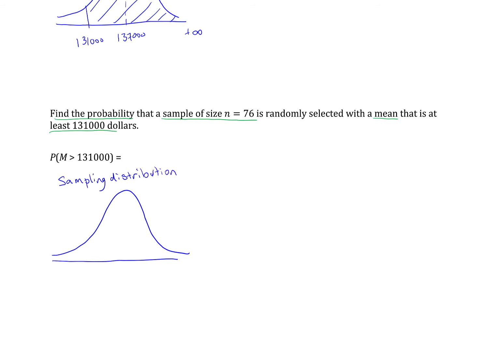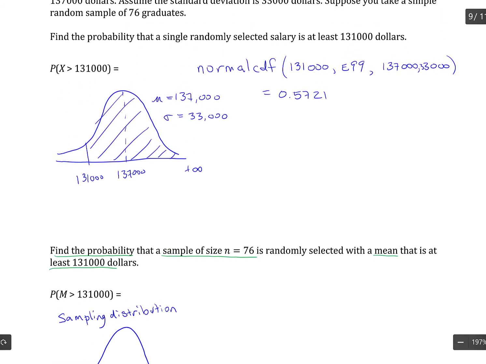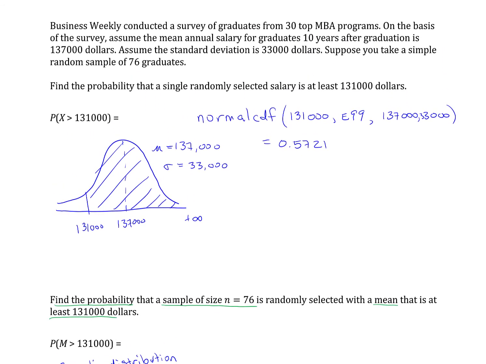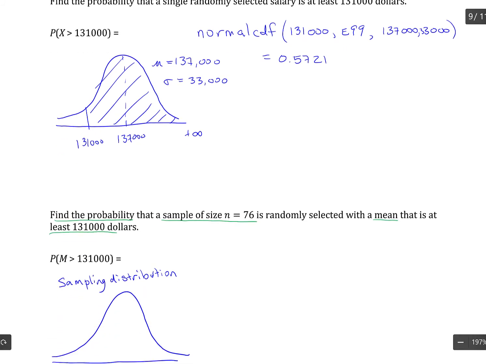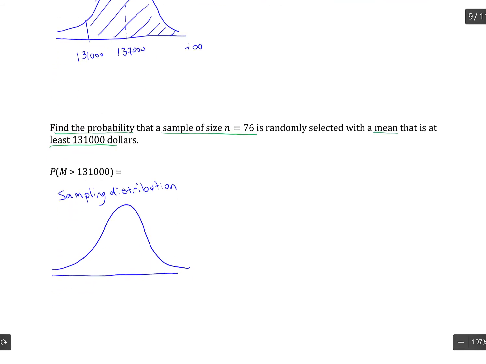So if we take multiple samples of size 76 out of our population, take the average of those samples and put those into a frequency distribution and plot it, that's going to form a normally distributed set of data. So even though the original population wasn't specified as normally distributed, we can still be guaranteed that the sampling distribution of a set of samples is, as long as those samples are larger than 30.